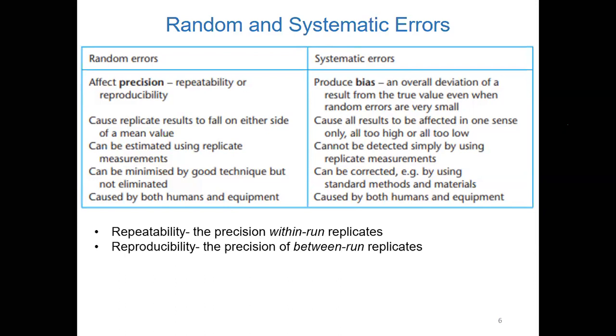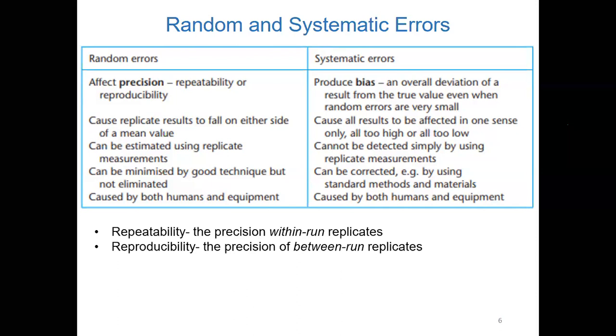And random errors can be minimized by good technique, but not eliminated. That's important. We can minimize random errors, but we cannot eliminate them. As I told you earlier, there may not be significant random errors in a sample, but we cannot say there are no random errors. That's wrong. What we can say is there are no significant random errors. The reason is we cannot eliminate random errors.